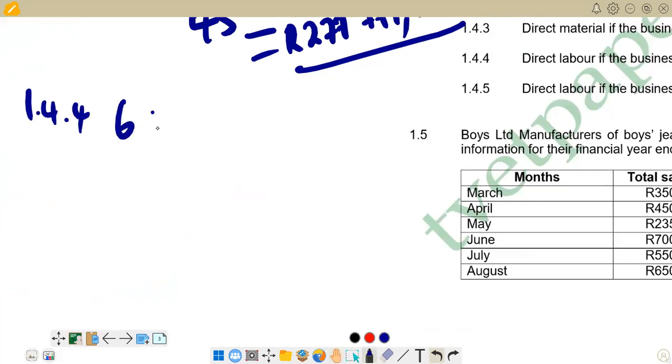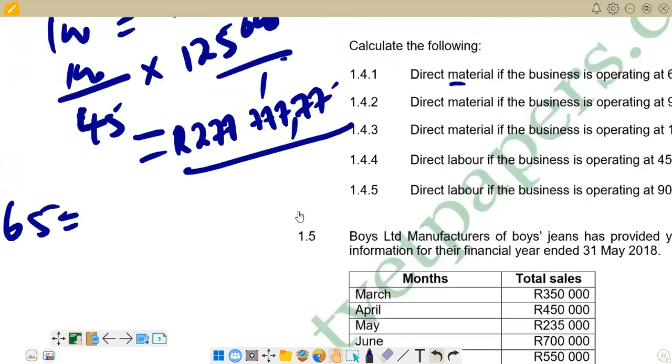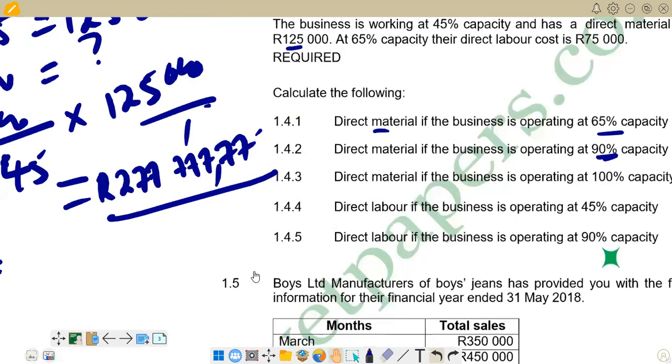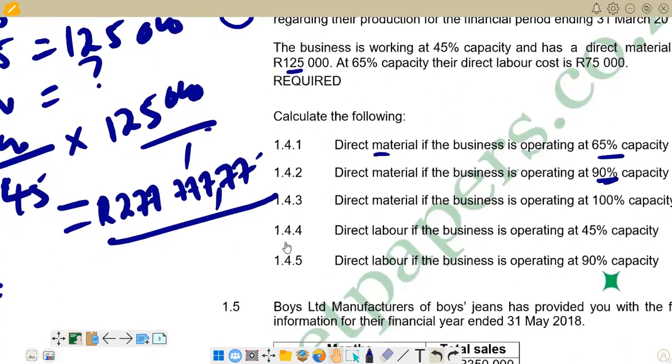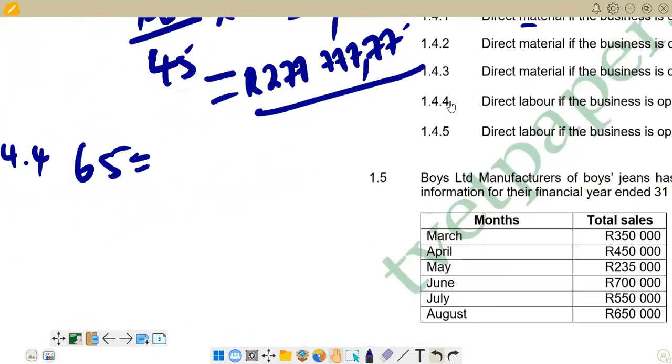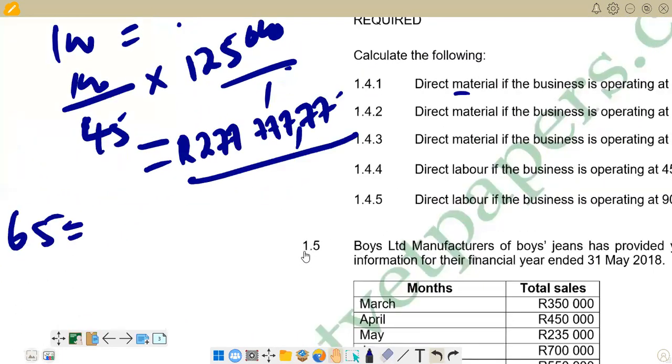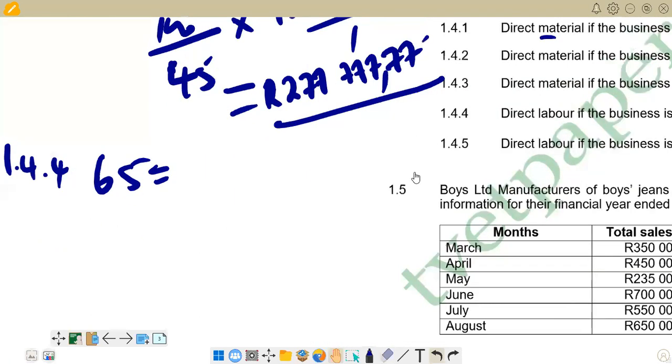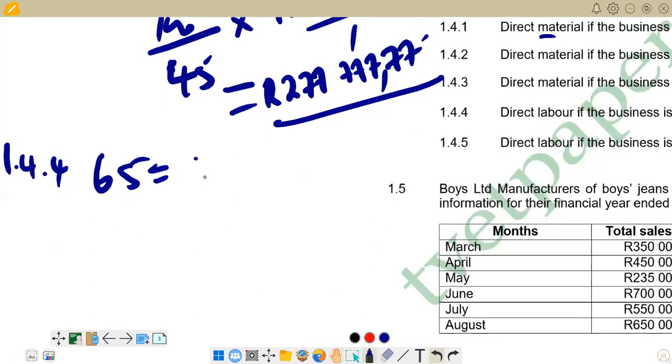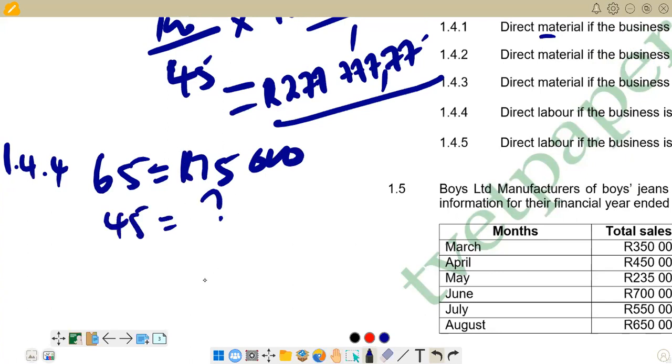For 1.4.4, we can just cross check. We have 65 equal to 75,000 rands. Then what about 45? Obviously, it's what we don't have.